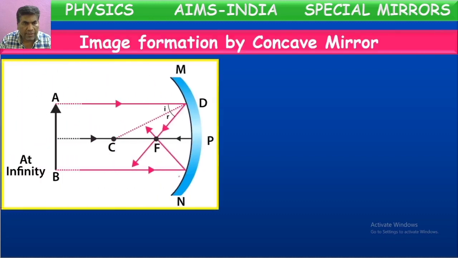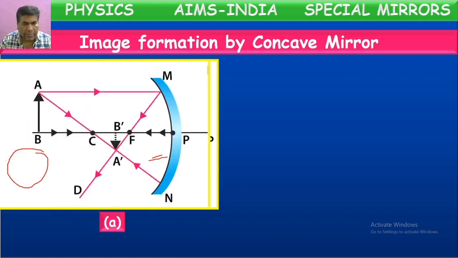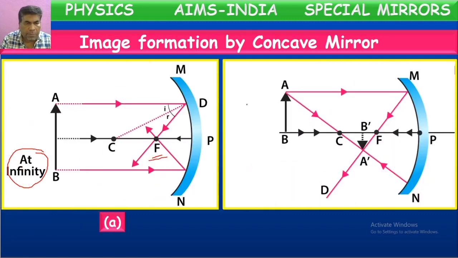So next we have discussed image formation by a concave mirror. First, when the object is at infinity, the image is formed at focus, that is case A. When the object is coming closer but beyond C, the image is placed between C and F, but how?